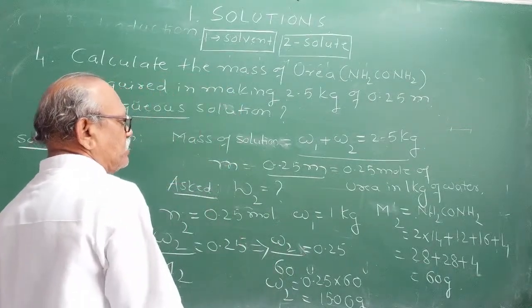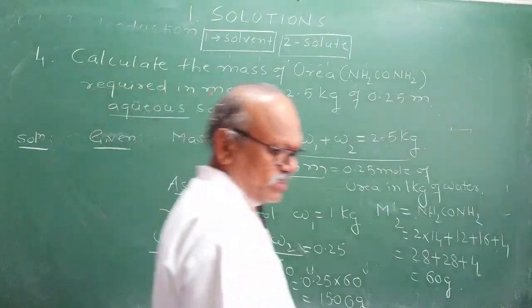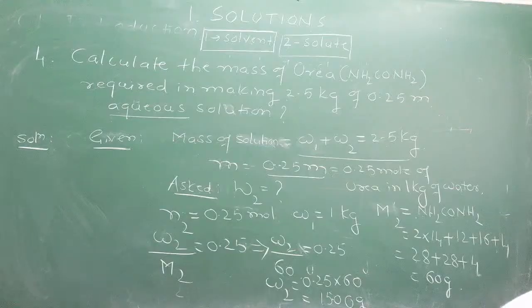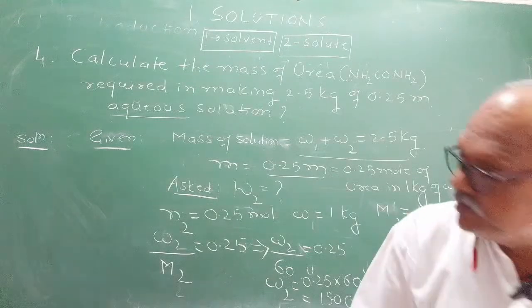Now you can get the mass of the solvent present in it. What is the mass of the solute and the mass of the solvent? Mass of the urea, then calculate the total mass of the solution.